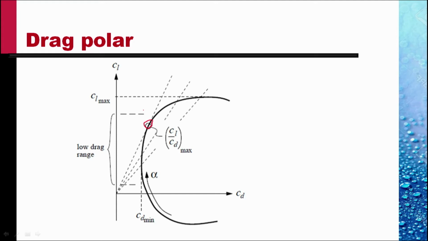People who analyze the performance of aircraft have determined that when the aircraft flies at an angle of attack such that CL by CD is maximum, it can have a maximum range or maximum endurance depending upon what kind of engine it has.